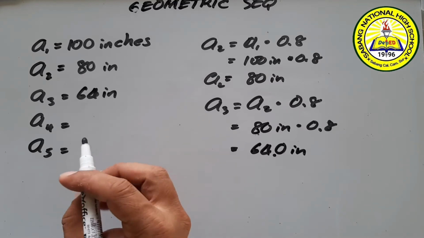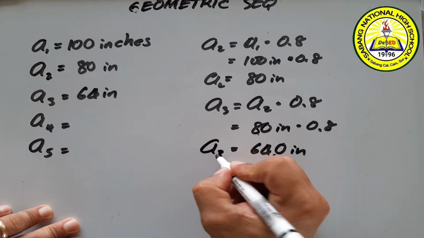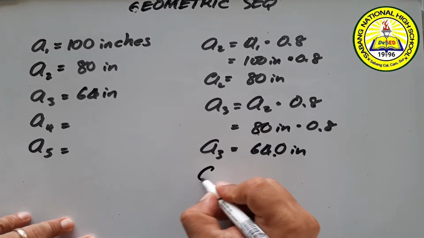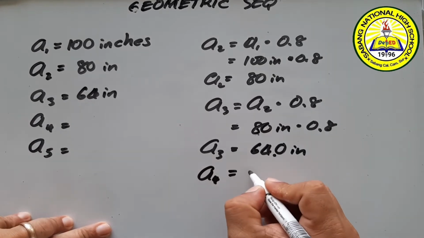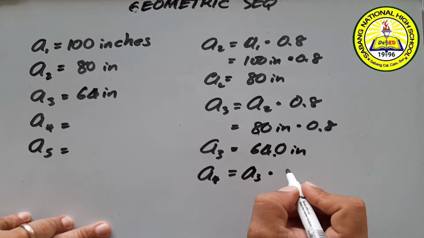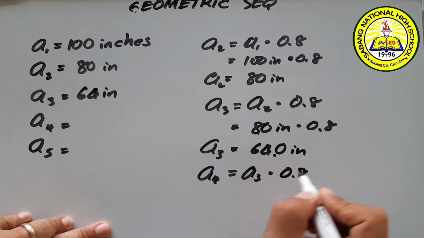So, we are going to find the first 5 terms. Okay? So, A sub 3 is 64. Next, we are going to find, of course, A sub 4. That is, A sub 4 is A sub 3 times 0.8.